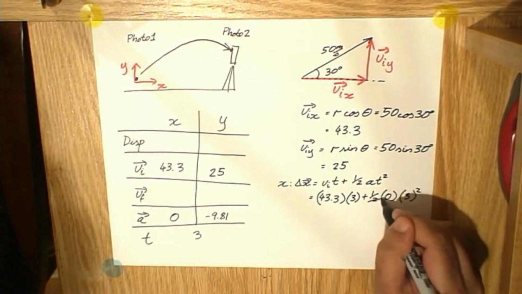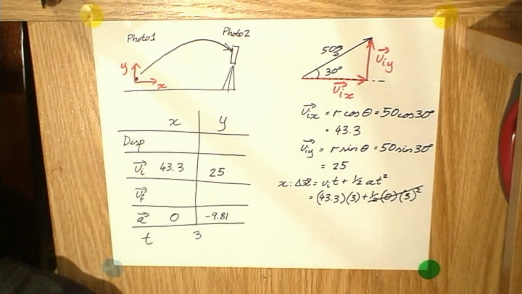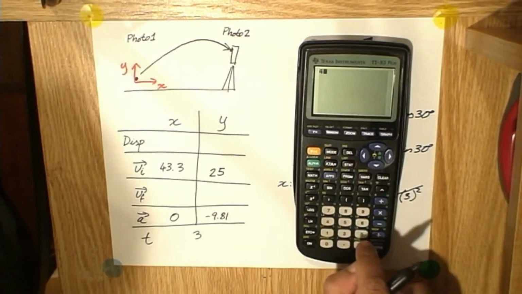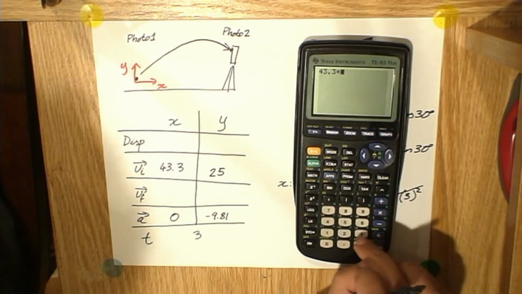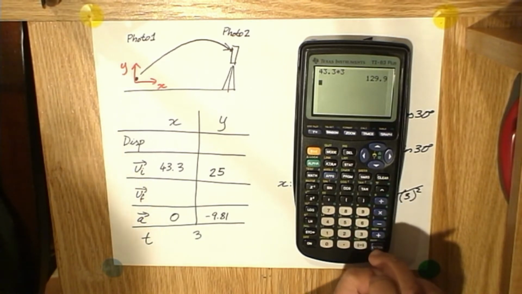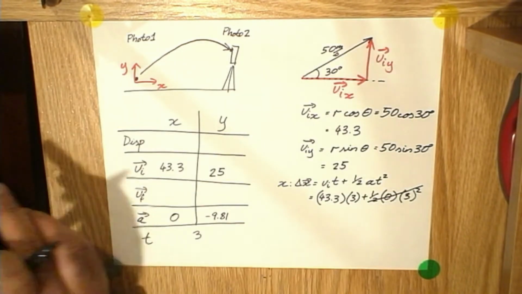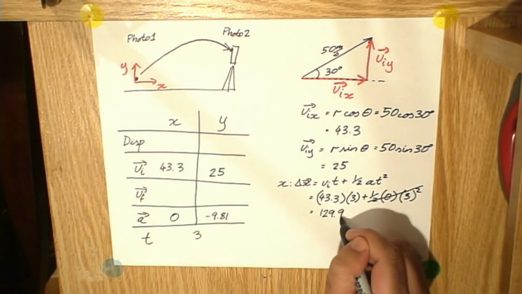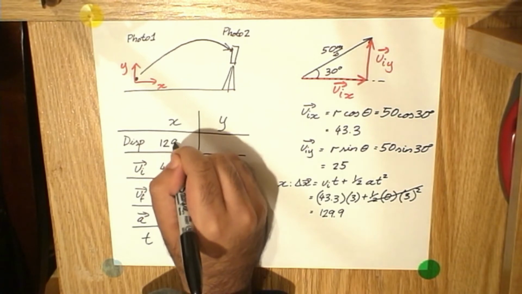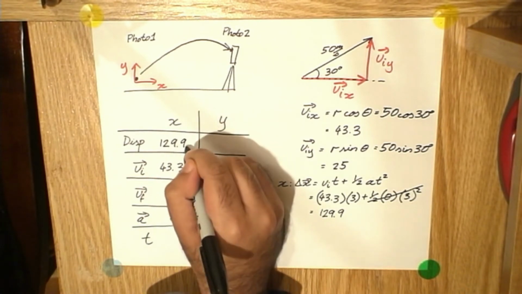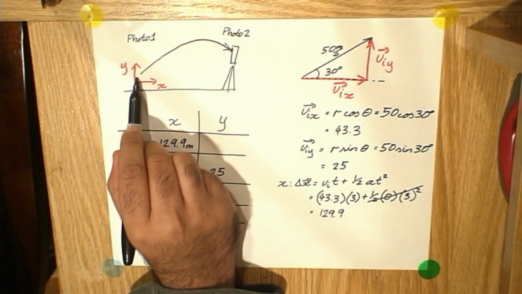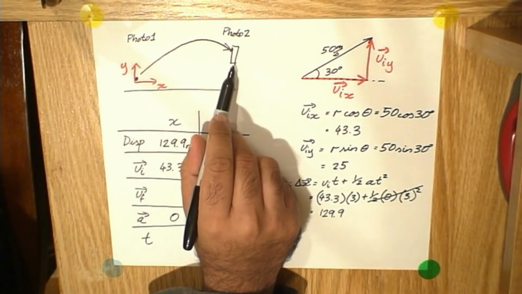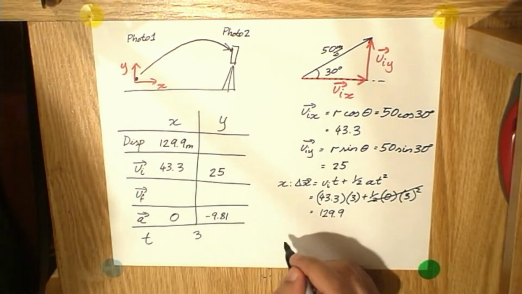But of course, this entire last term is going to go away. So 43.3 multiplied by 3 gives us 129.9. So 129.9 meters is how far this object traveled before it hit the target.